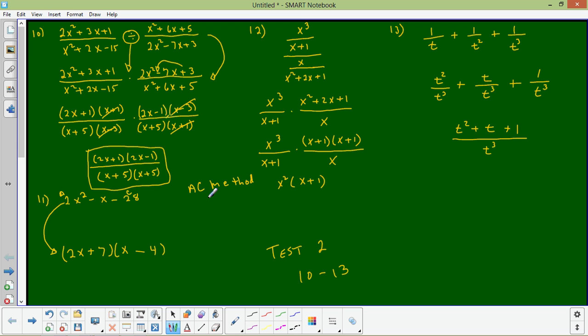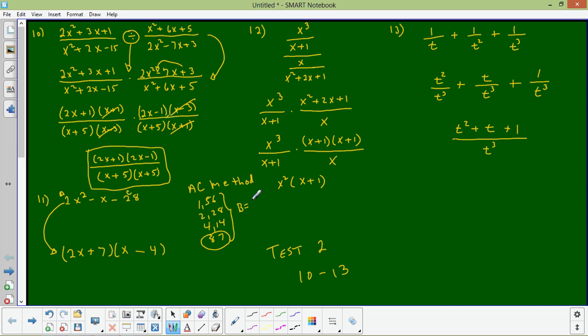When we do that, we get 56. And from there, the factors of 56: 1 and 56, 2 and 28, 4 and 14, and 8 and 7. We want to use the 8-7 pair because it has a difference of 1.